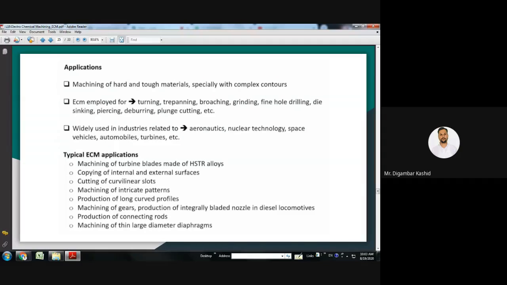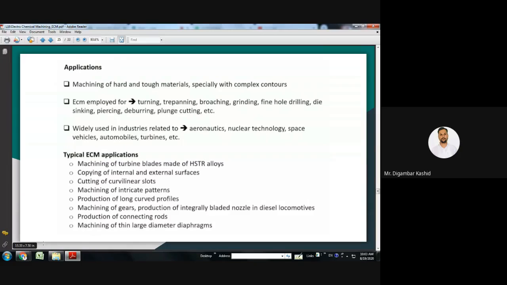Turning, trepanning, broaching, grinding, fine hole drilling, die sinking, piercing, deburring, plunge cutting. All these operations can be done with the help of the ECM process.